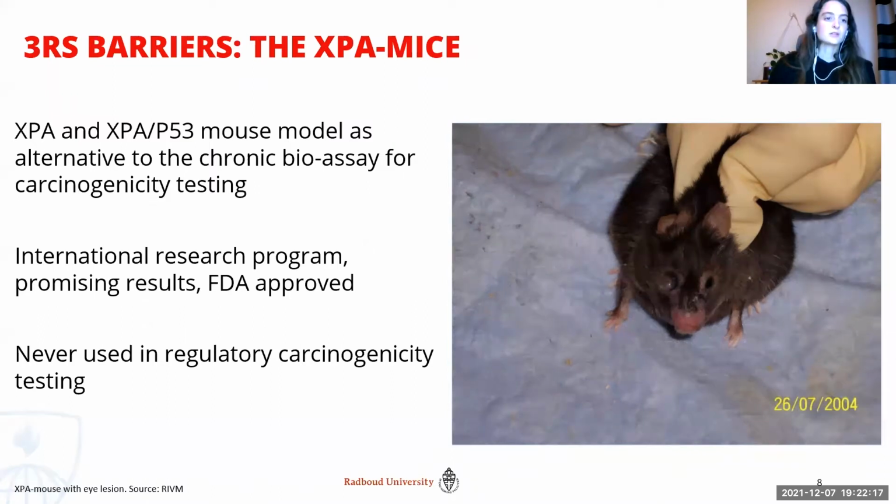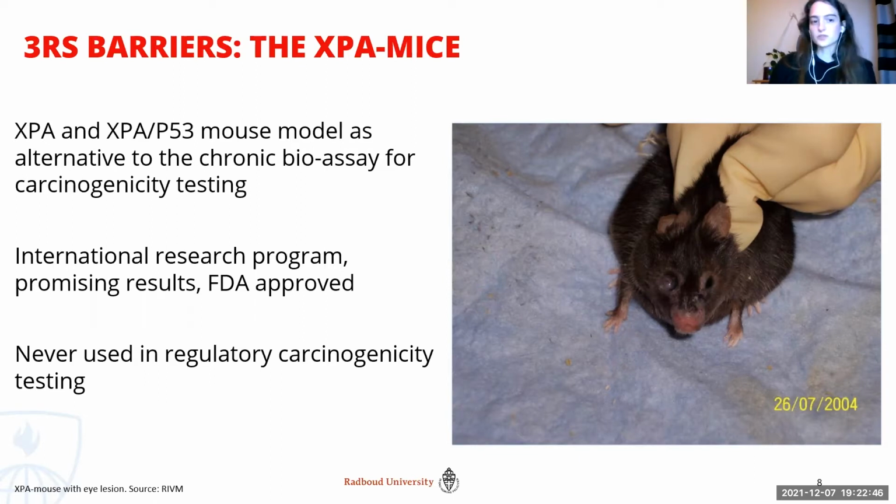So in this case, the mouse is actually the alternative to other mice. And there was a big international research program with XPA mice and also XPA P53 because they found the cross was even better than just XPA. And also I think there was a hamster involved, to see if they could replace the standard mouse bioassay.